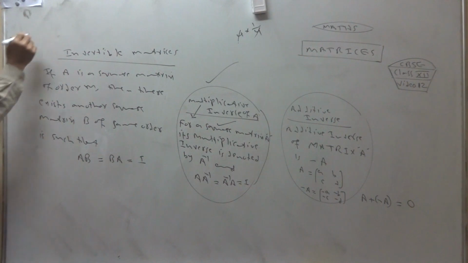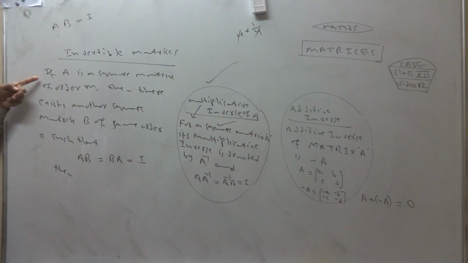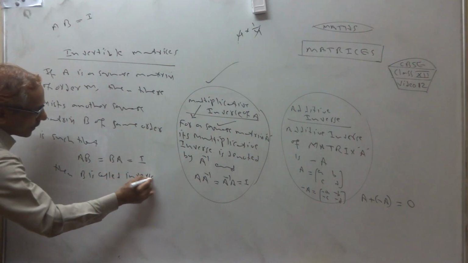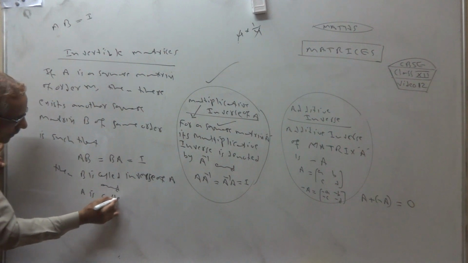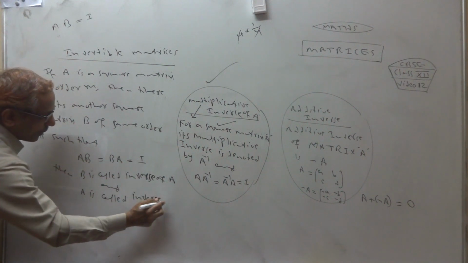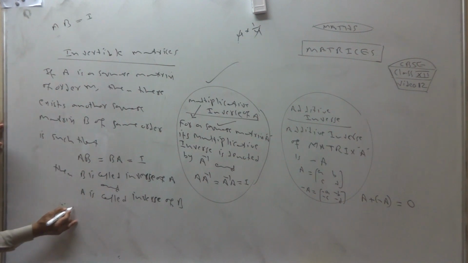Same way, when you multiply matrix A and matrix B, the result will be I. Then B is called the inverse of A, and A is called the inverse of B. They are inverse to each other.